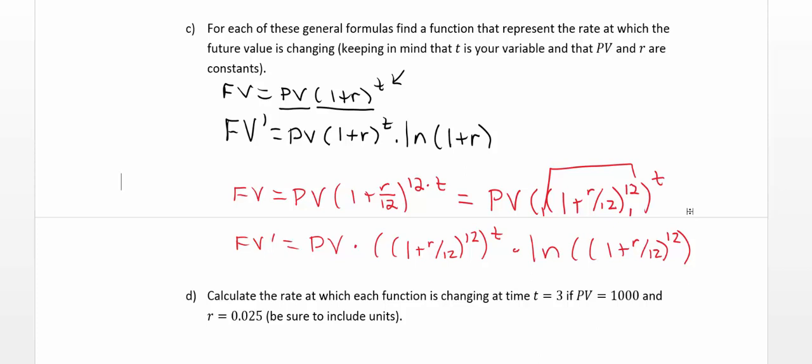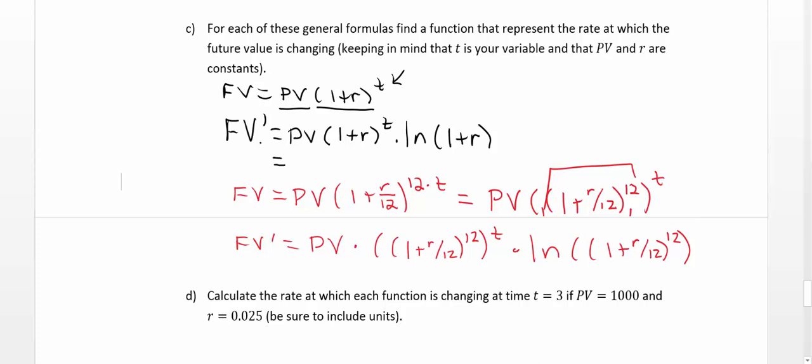For part D, it wants us to explicitly calculate the rate at which each function is changing if time equals 3, present value equals 1,000, and the rate is 0.025. So what we need to do is go back to our derivatives and plug in these values.